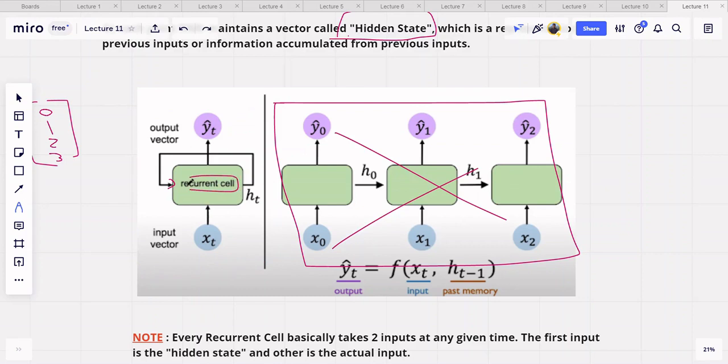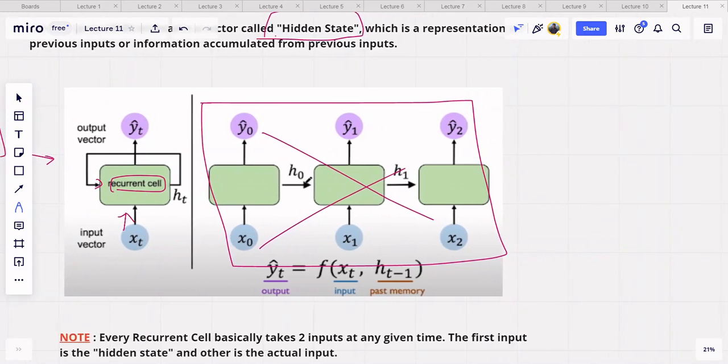This recurrent cell takes two things as input: the hidden state, and our input vector. The input vector represents our word.